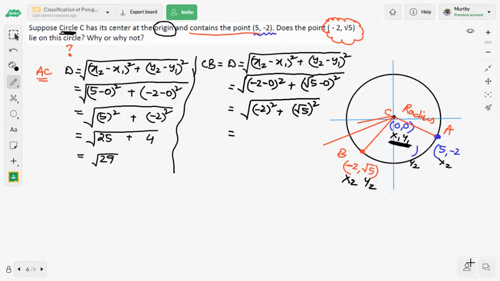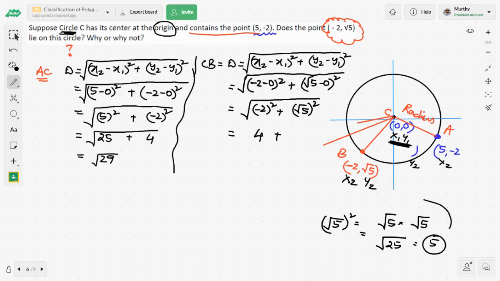Negative 2 square, negative 2 times negative 2, gives me 4. Square root 5 square means I have to multiply square root 5 times square root 5, that gives me 5. So square root of 25 is 5.